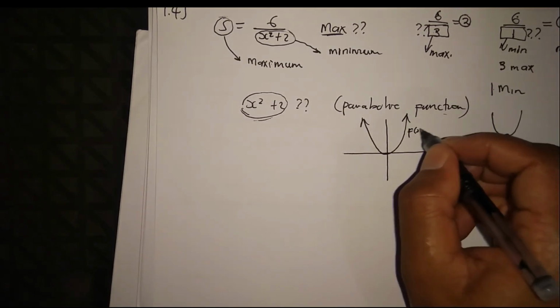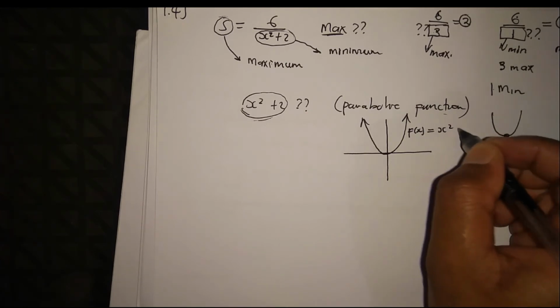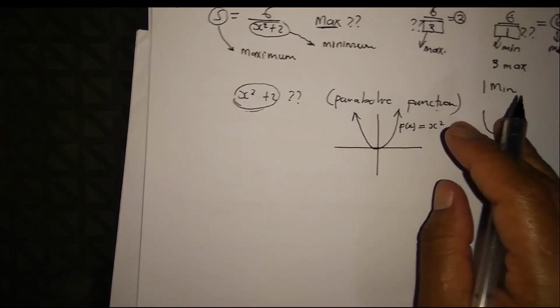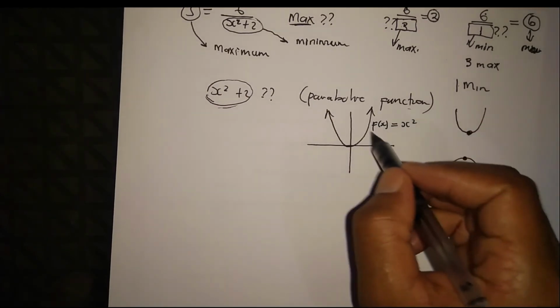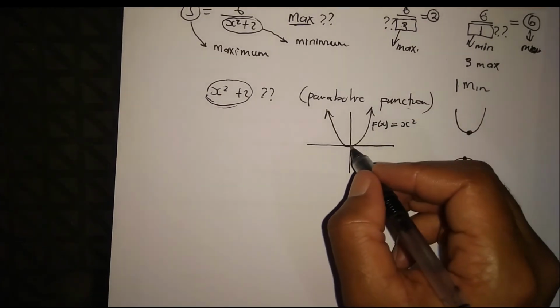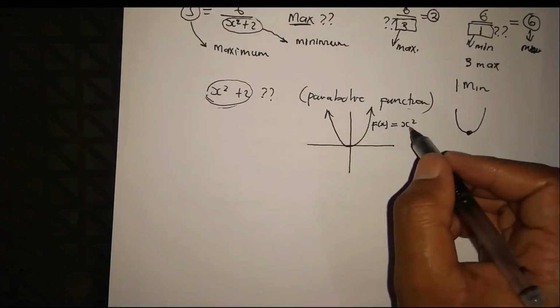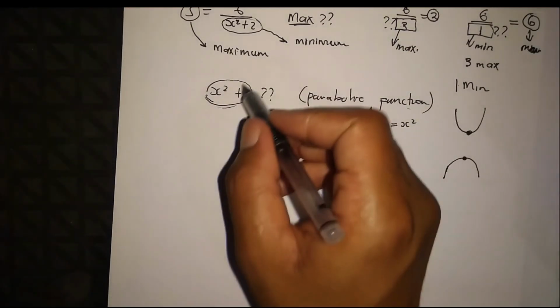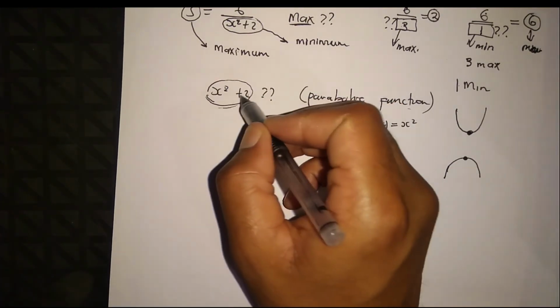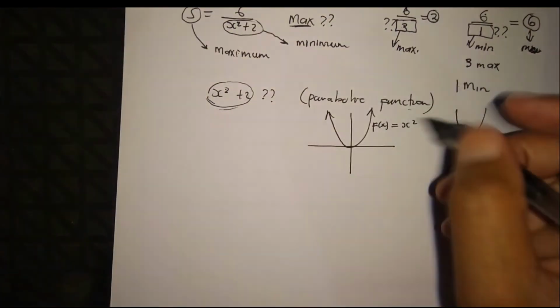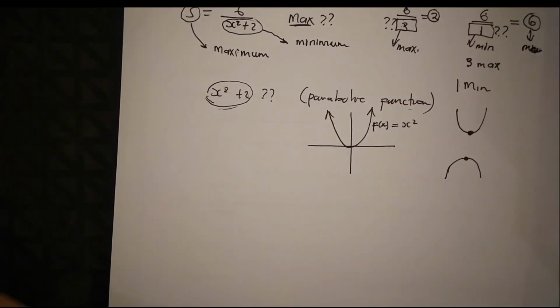Let's say this is f of x equal to x squared. This is the parent function for a parabolic function. The function we are talking about, x squared plus 2, means it's translated 2 units up.